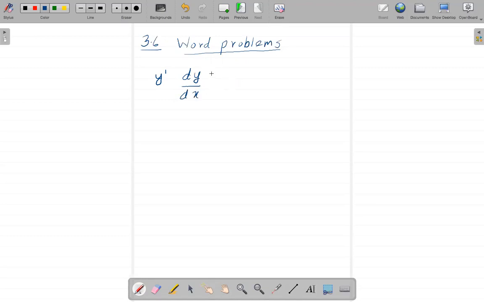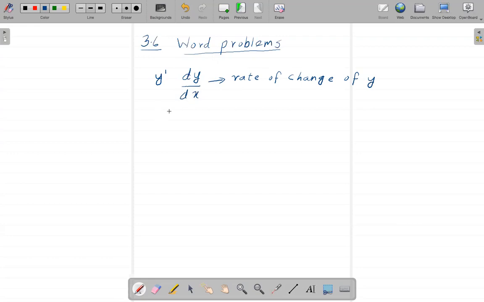So basically, we're taking the derivative of y in terms of x, and there is another meaning of this. This also means the rate of change of y. It says at what rate y is changing. That's what this means.